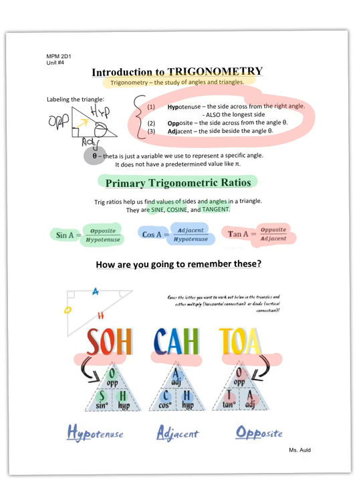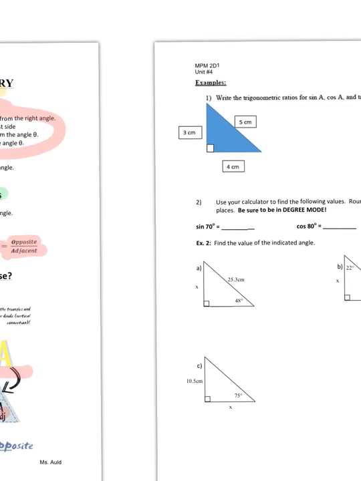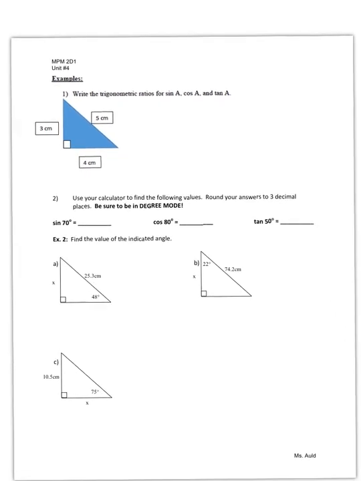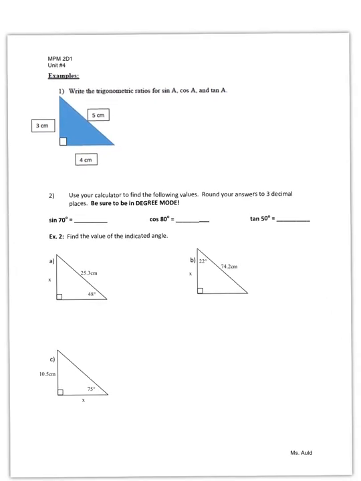So we're going to try out some examples on the next page so we can see how we use this, okay? So over here on our next page, it says to write the trig ratios for sine A, cos A, and tan A. So I'm going to place an A down here in the corner. That's the same as putting a theta, okay? It's just an angle that is unknown.